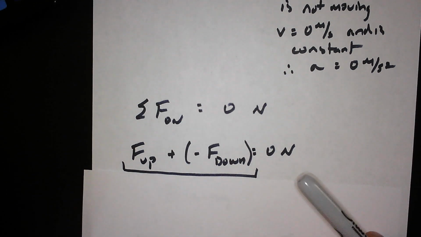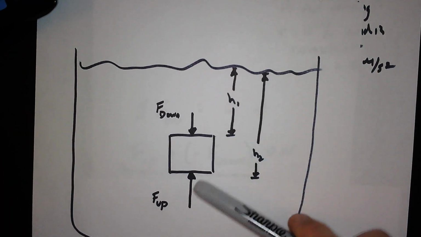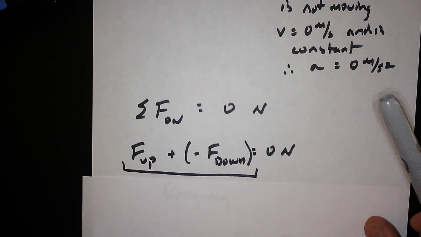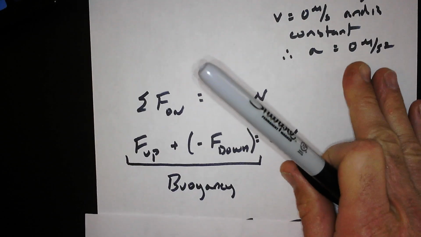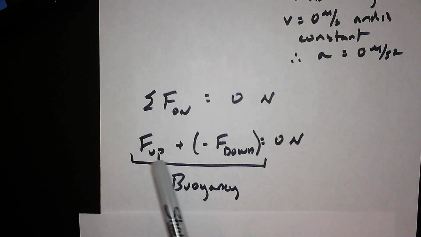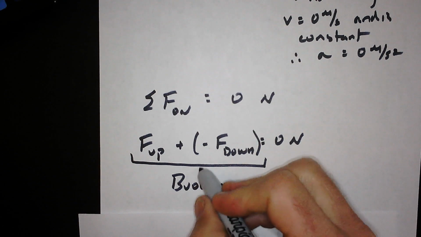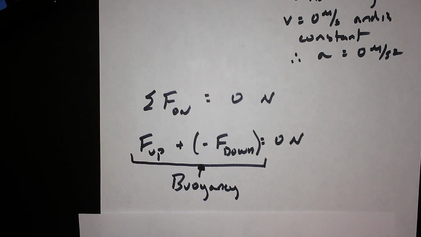Force pushing down on the object is negative, and force pushing up on the object is positive. So I've set that up here, and the difference between these two forces is buoyancy. That's not a division sign. That's to represent buoyancy is the net force acting on the object.